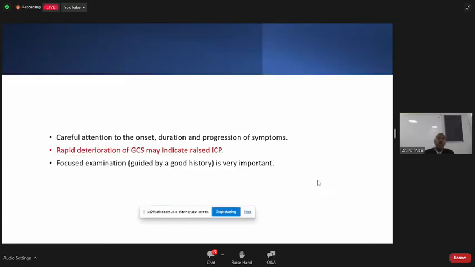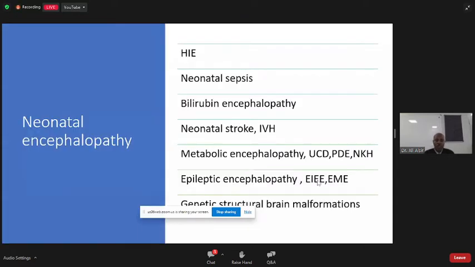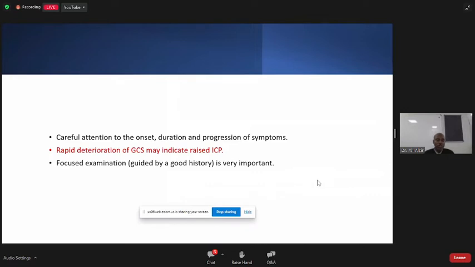The second point to be addressed is any rapid deterioration of the Glasgow Coma Scale in a patient who presents with mild encephalopathy and rapidly deteriorates to severe encephalopathy. You have to think of raised intracranial pressure, and of a focused examination. Focused examination is very important, and any examination should be guided with a granular, good history.